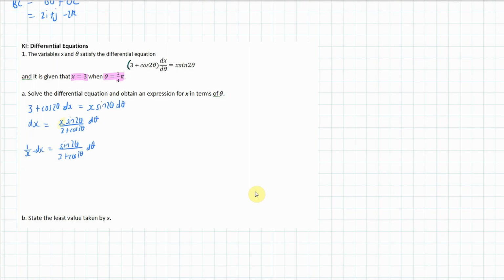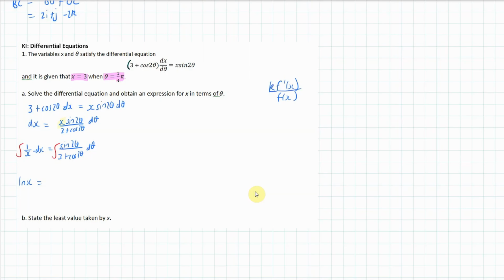Now I'm going to integrate both sides. So I'm going to integrate this and integrate this. So I should get ln x on the left-hand side. And when you look at that right-hand side, you can see that this is also going to be ln, because you've got a situation like this.